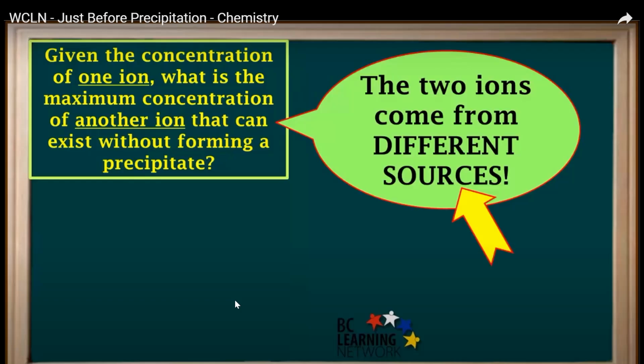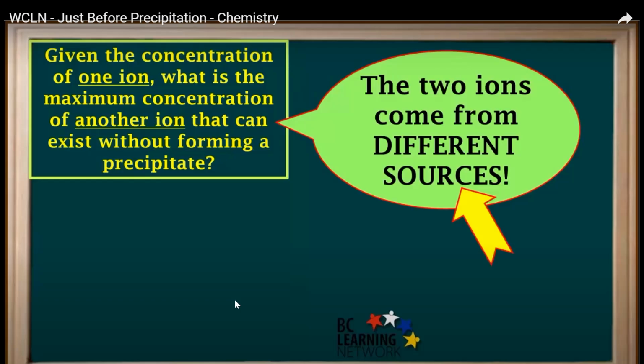Remember last day, if you multiply the ion concentrations and you get a number that is too big, you'll get a precipitate. And when we say too big, what are we comparing our ion concentrations to? We're comparing them to our KSP. So if the ion concentrations multiplied together are bigger than the KSP, we will get a precipitate.